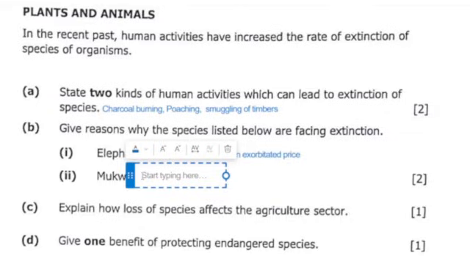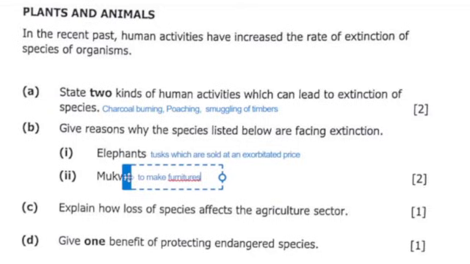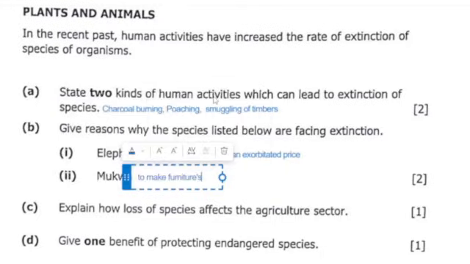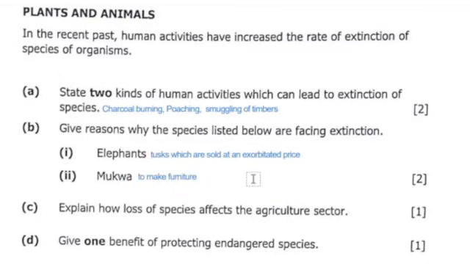They cut mukwa to make furniture. Mukwa is very strong.